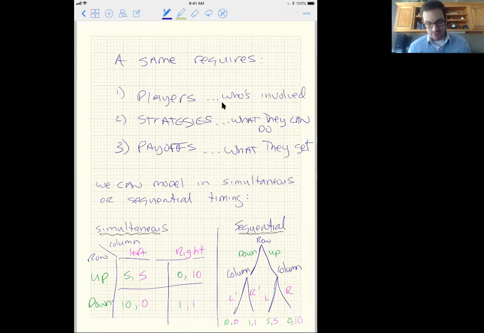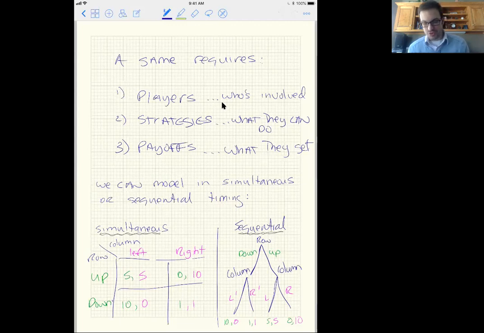When the row player selects down and the column player selects left, then row gets 10 and column gets 0. And if column selects right while row selects down, row gets 1 and column gets 1. So hopefully you've noticed the first number in the ordered pair goes to the row player, and the second number goes to the column player.